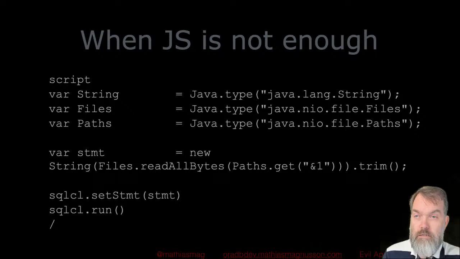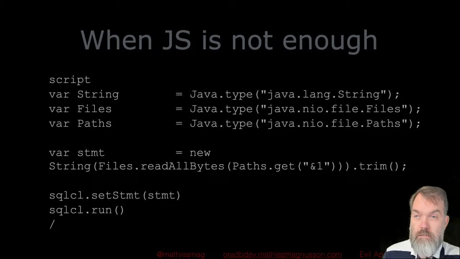Then we declare a variable for our statement, and it's a call of a combination of things here. We want to string out, we use a Files object in Java to read everything in it.